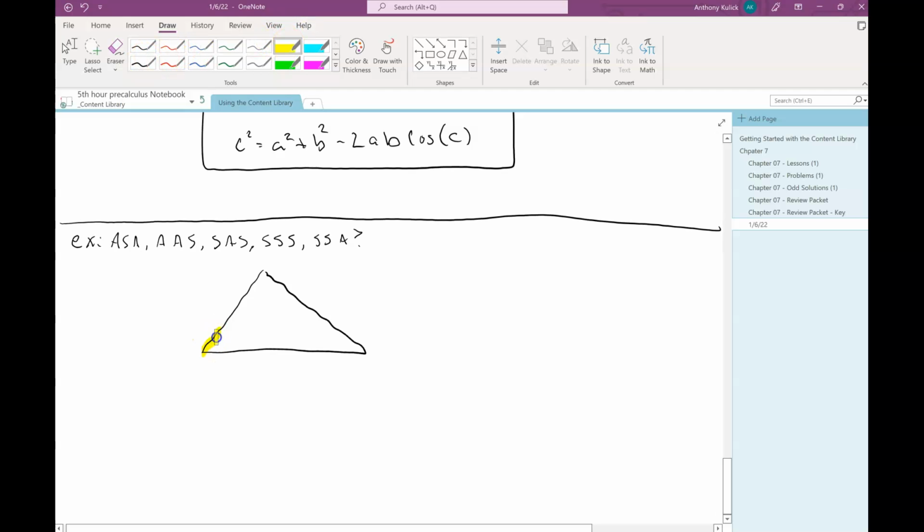All right, so let's say that we have that side given, that angle, and that angle. I'm just going to highlight the stuff that would be given to us. So which situation is this?